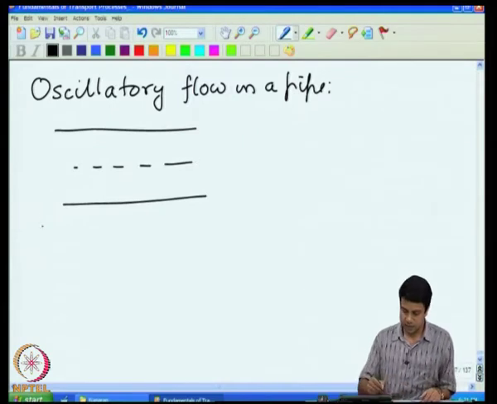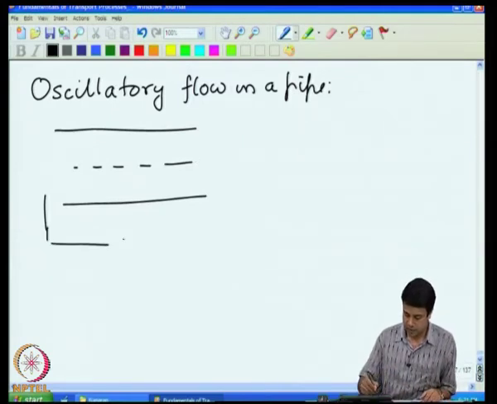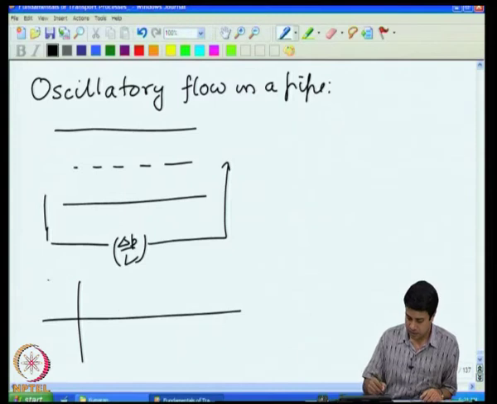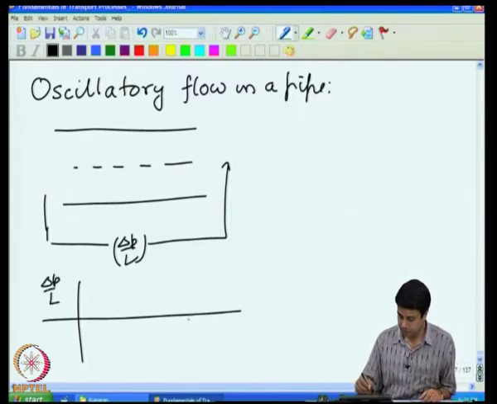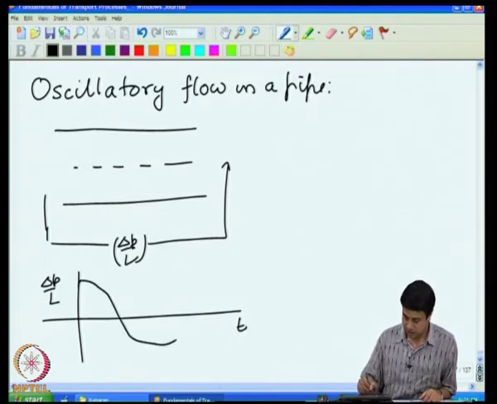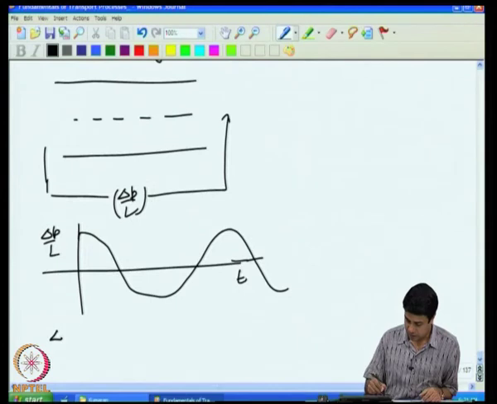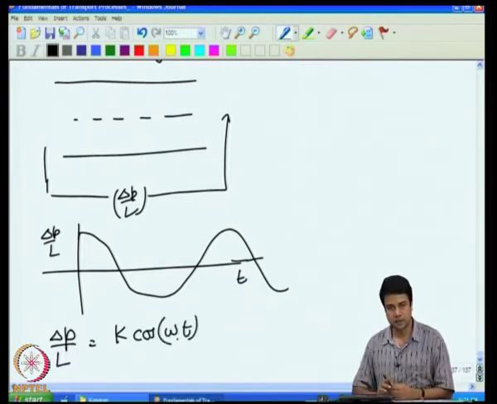I am applying a pressure difference across the pipe, delta P by L. If I look at this pressure gradient, delta P by L, as a function of time, this has an oscillatory behavior with a frequency omega. So, the pressure gradient has the form k cos omega t.